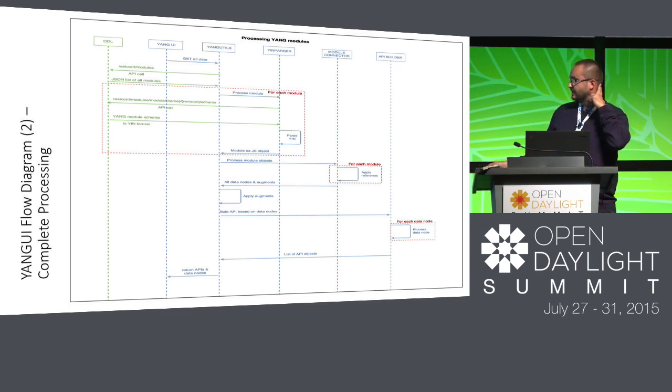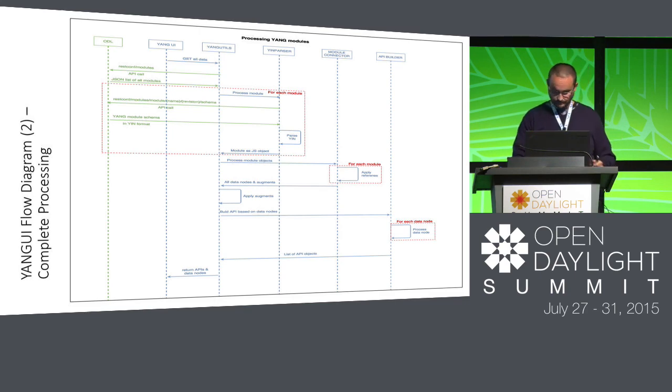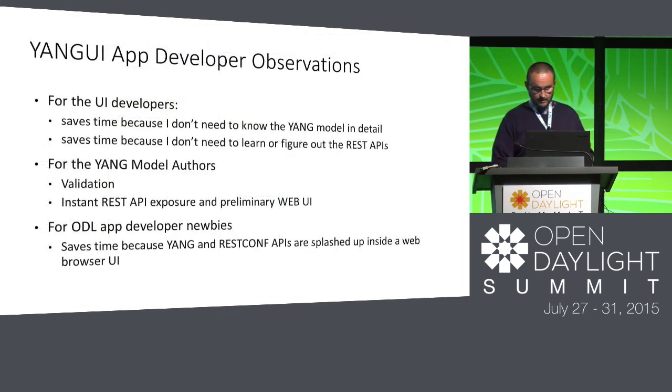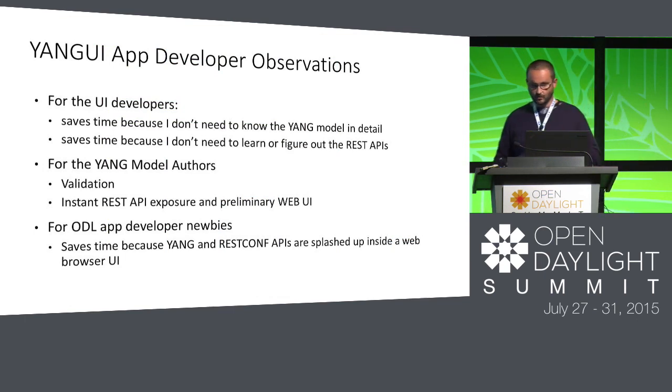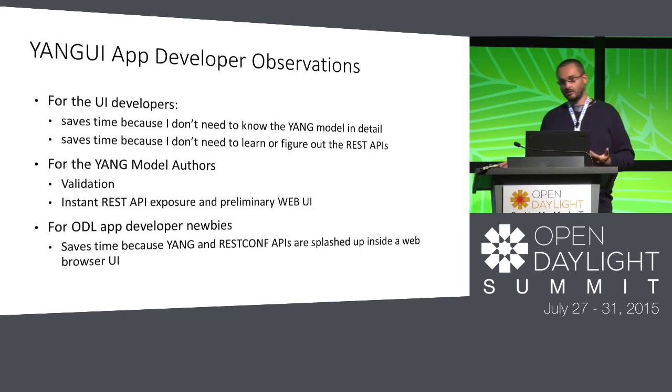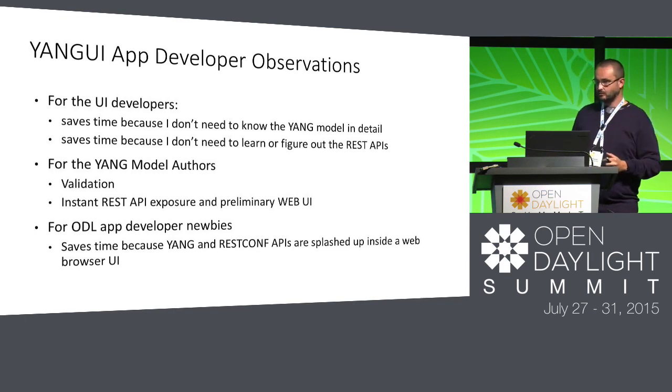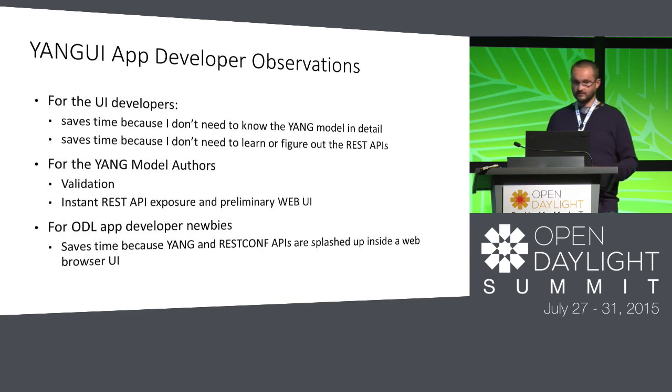At the end, we have data nodes with APIs, and this is where the application is started. Okay, YANGUI. How we are using YANGUI: we did the YANGUI application, but we are also creating other applications for other projects, and YANGUI helps us as UI developers.